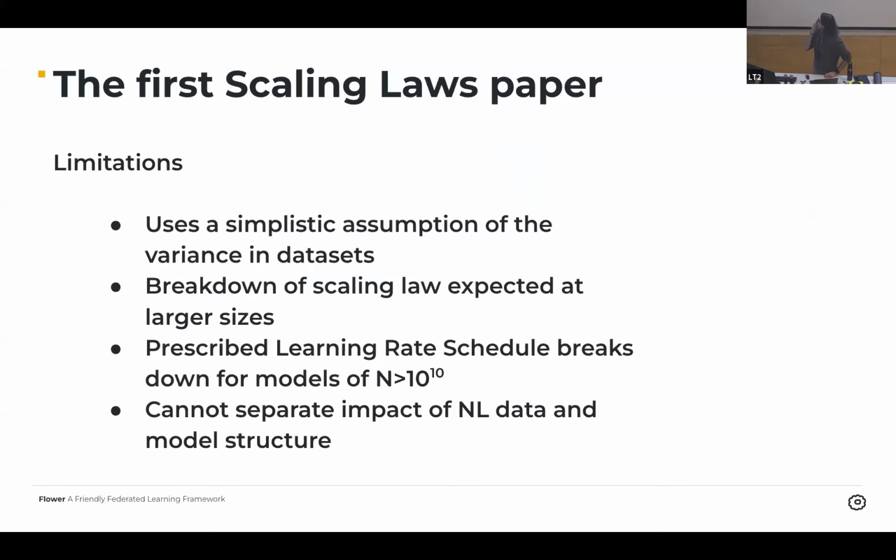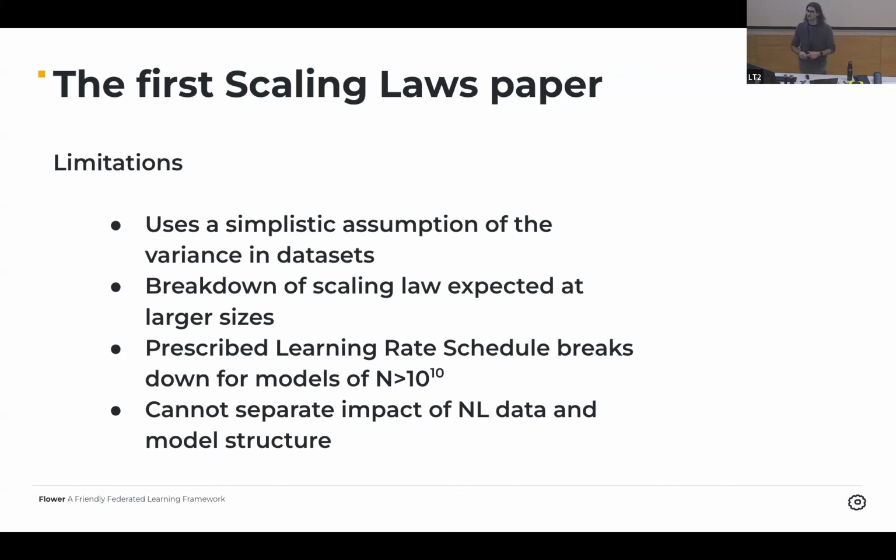These are some of the limitations of this first scaling law paper. Some of them are mentioned by the authors themselves. Others were investigated by follow-up works. For example, to me, the most interesting one is that related to the learning rate schedule. Training several models requires you to decide the schedule in advance.